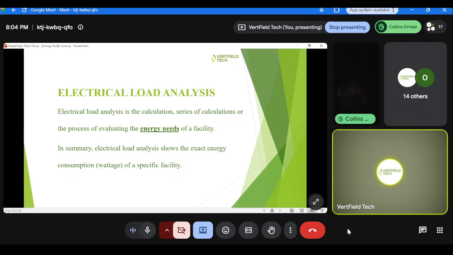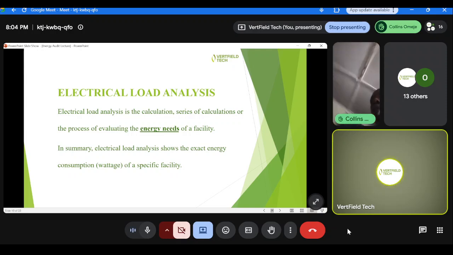That is what this energy audit does for you. In summary, electrical load analysis shows the exact wattage of a specific facility.